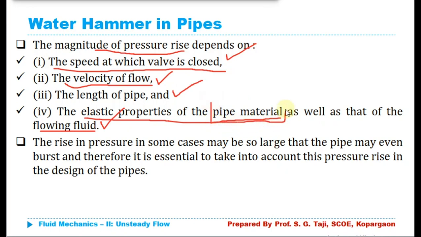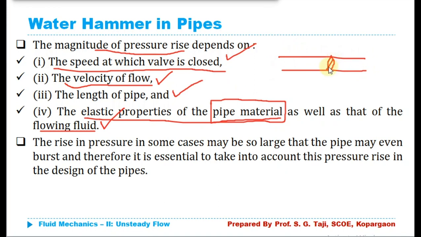If you do not select a special type of material while considering the water hammer effect, your pipe may burst due to this phenomenon, because the pressure generated in the water hammer effect is so high that it can burst your pipes, especially at the joints formed by simple couplings.